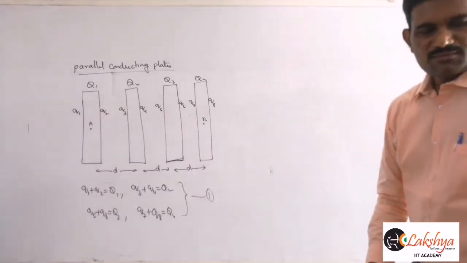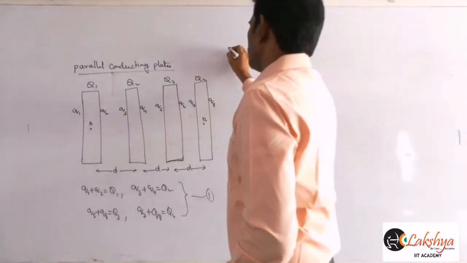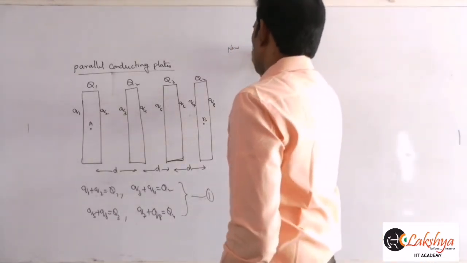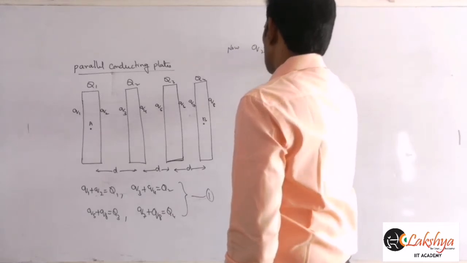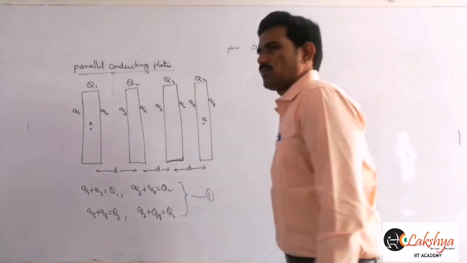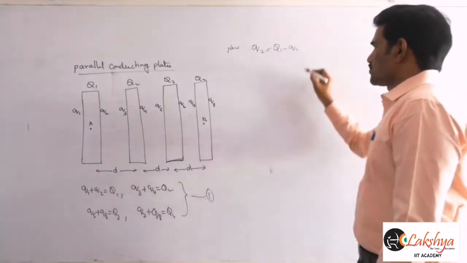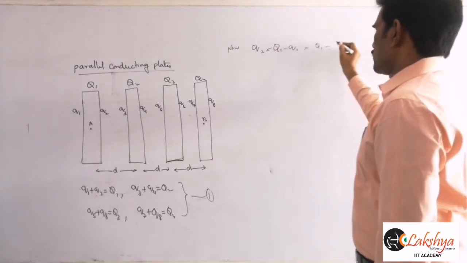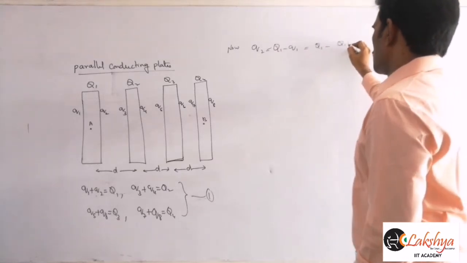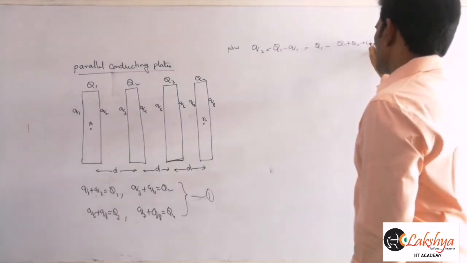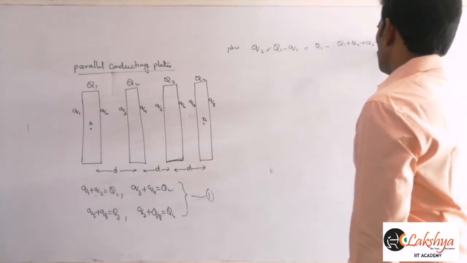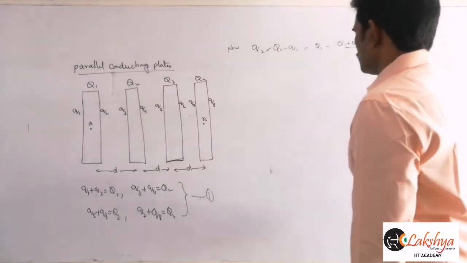Now I can write this Q2 charge. This Q2 value is equal to capital Q1 minus small q1, which I can write as capital Q1 minus (Q1 plus Q2 plus Q3 plus Q4) by 2.